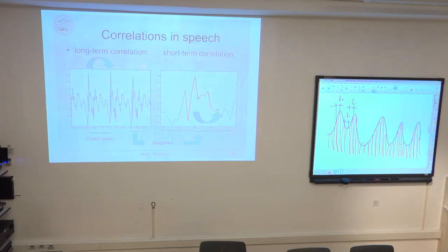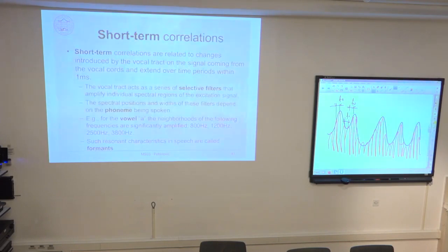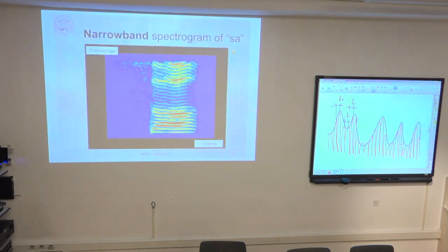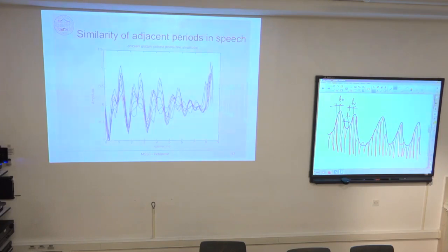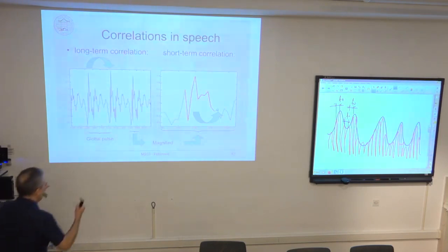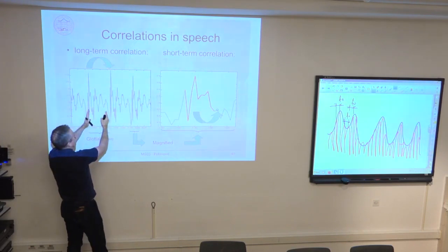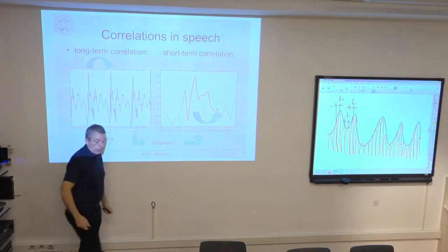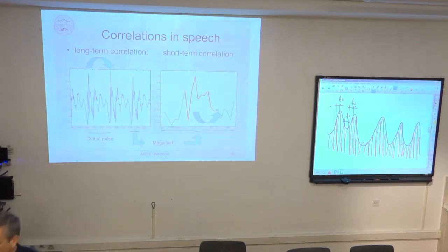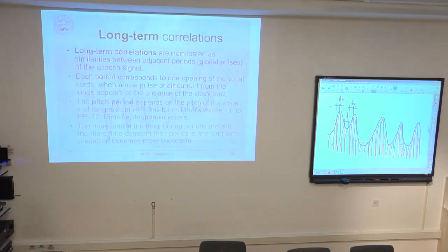For such a wide analysis window, I will get the narrowband spectrogram, where I have individual harmonics clearly shown. But if I take a rather narrow analysis window, comparable to the width of the glottal pulse or even shorter, and move it in time, I would get the wideband spectrogram. So the wideband spectrogram is when you do the spectrum analysis on very narrow time windows.